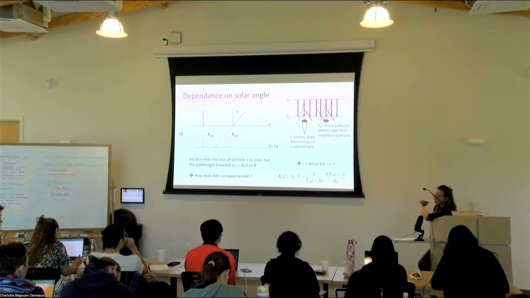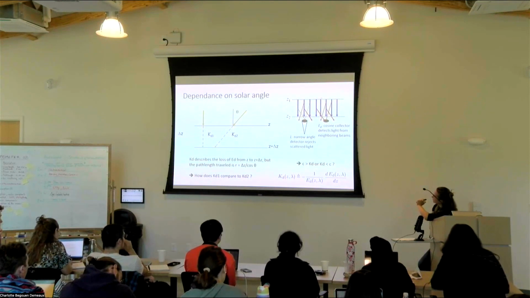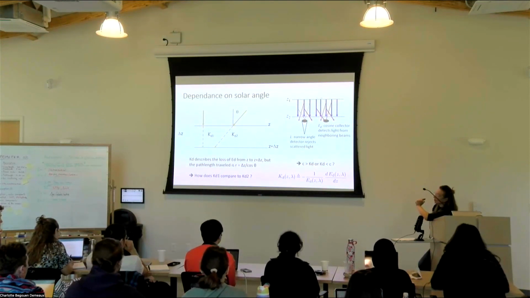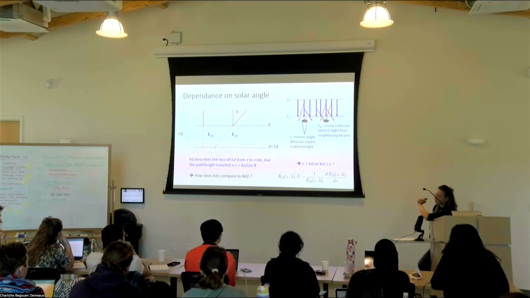What if we have high absorption, low scattering, and a high sun angle, and get KD greater than c? Say it again. High absorption, low scatter, and steep sun angle, large theta.